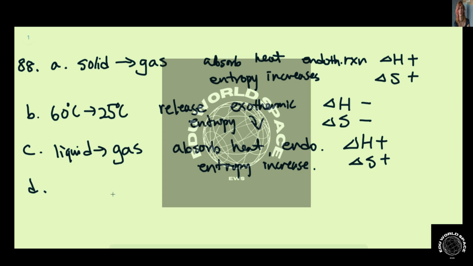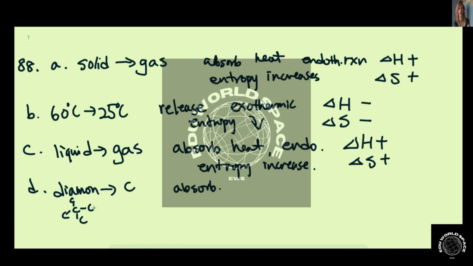Part D, we have a diamond molecule dissociating into atoms. So diamond to carbon atoms. We know that in diamond, carbons are connected to 4 other carbons in a tetrahedral formation. And when breaking the bonds, you need to absorb heat.